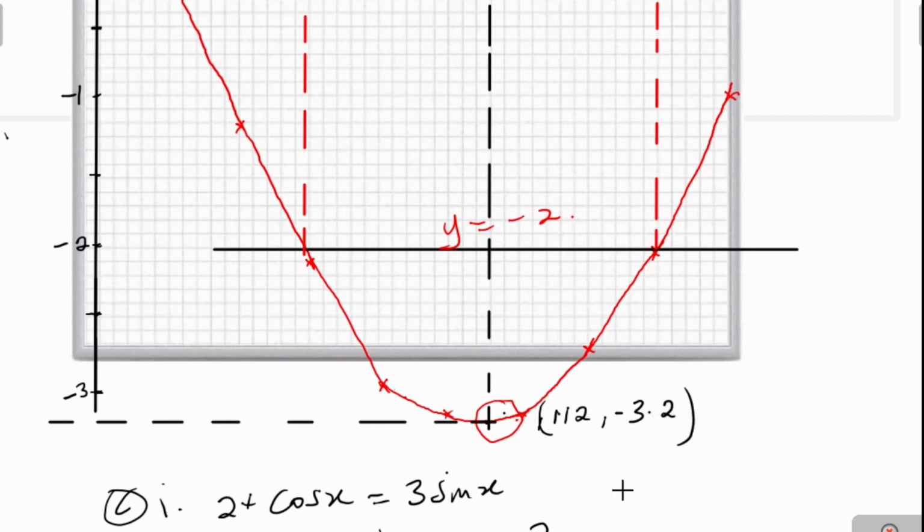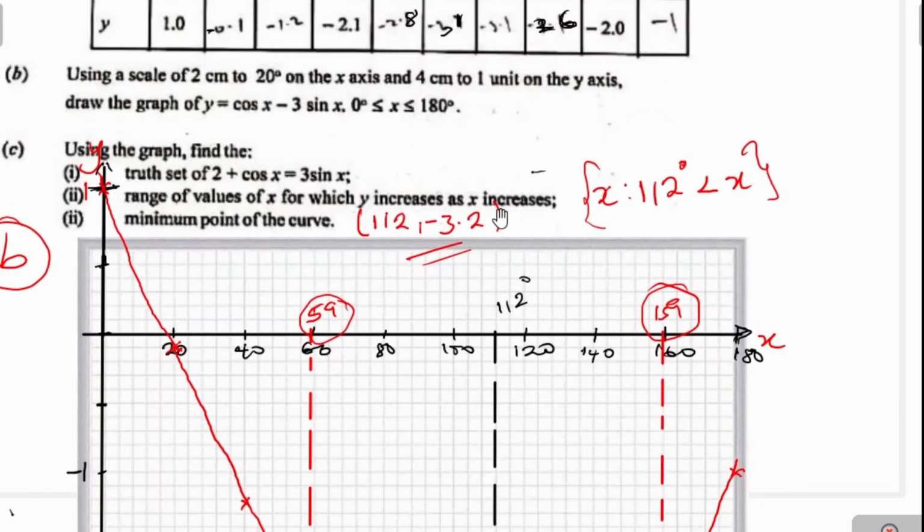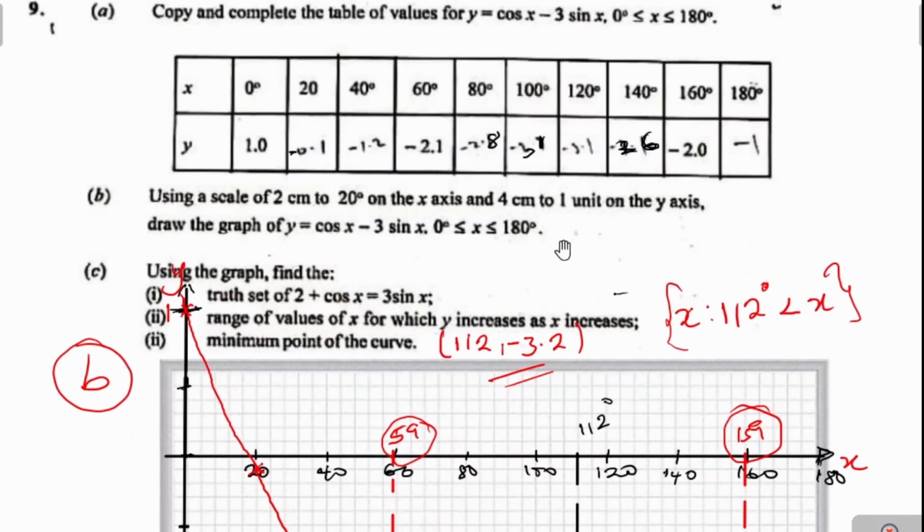So that makes the answer for the third question, which is to find the minimum point. So the minimum point of the curve is 112 comma negative 3.2 on the y-axis.